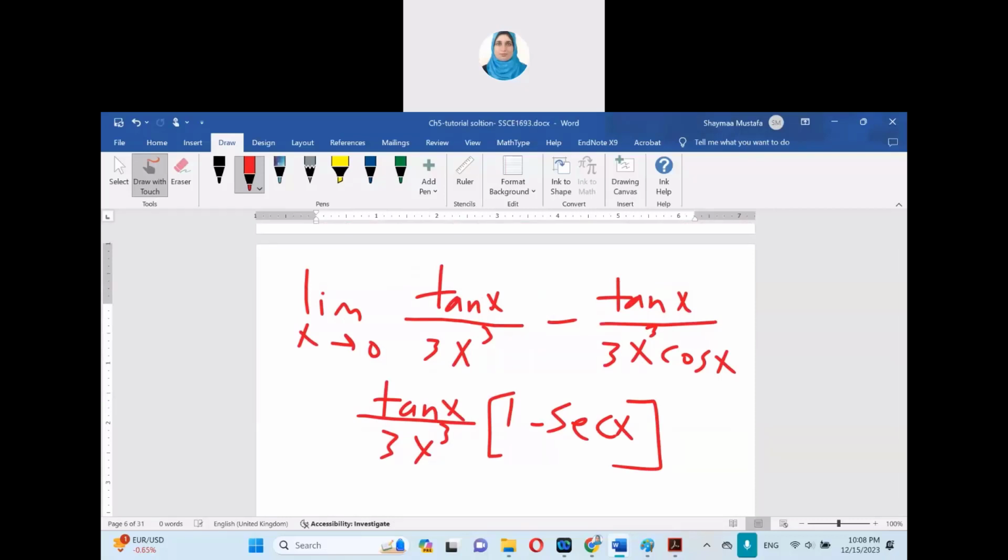You will find the Maclaurin series for tan x and sec x, and you will substitute, then divide the Maclaurin series for tan x by 3x cubed, and also find the Maclaurin series for 1 minus sec x. Then you will have the result of the limit.